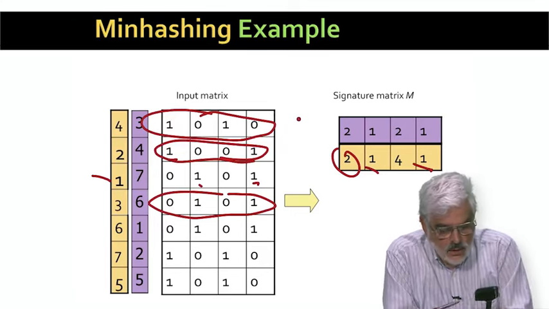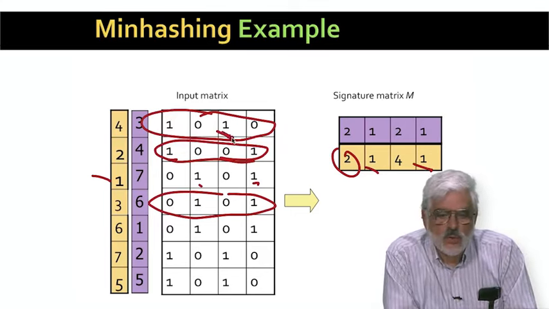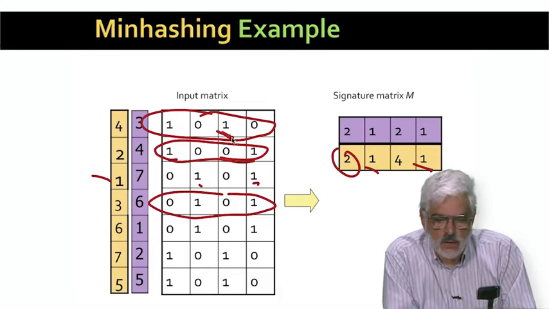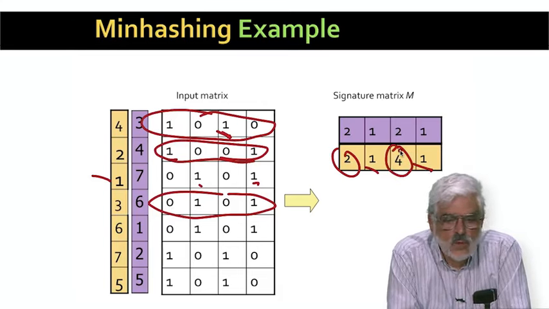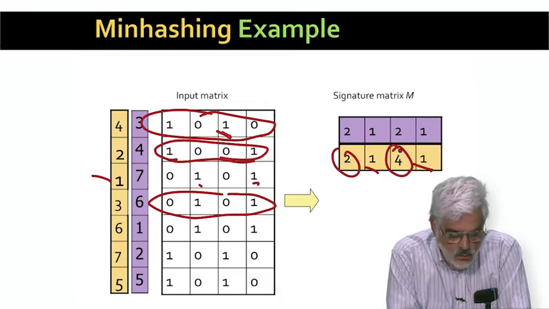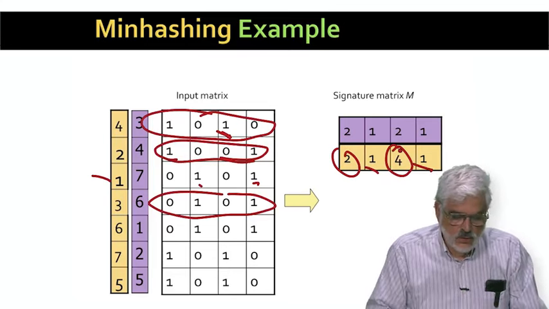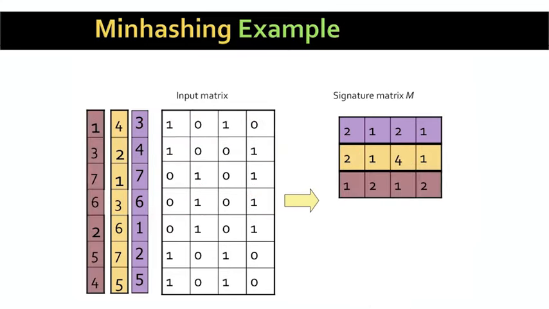And now we finally find a 1 in column 3. So the min-hash value for that column is 4. And now we're done with this min-hash function. Here's the third permutation and the resulting row of the signature matrix. I'll leave it to you to study the matter and work out why the min-hash values are as shown.